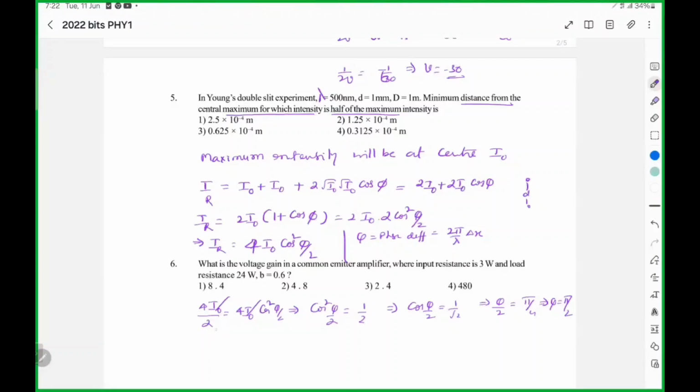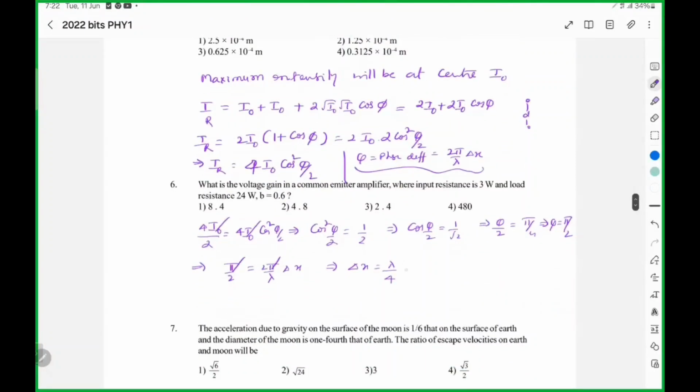So once phase difference is pi by 2, pi by 2 here is 2 pi by lambda into delta x. So path difference will be lambda by 4. Theta is very small.